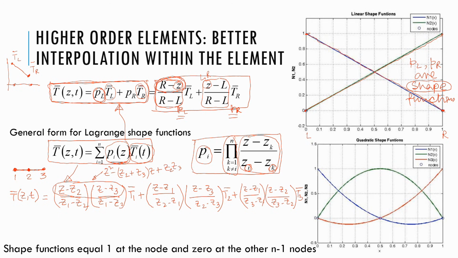So it has a square term, so it's a quadratic interpolation. That's the difference. Otherwise, it has the same kind of format as this one.